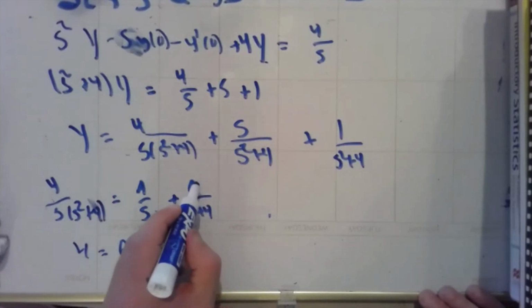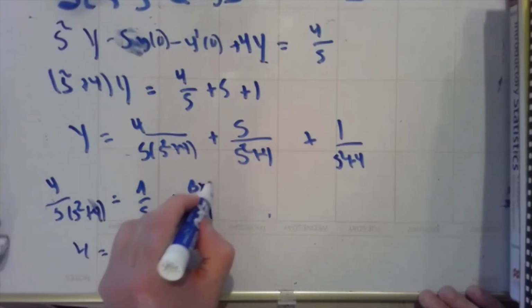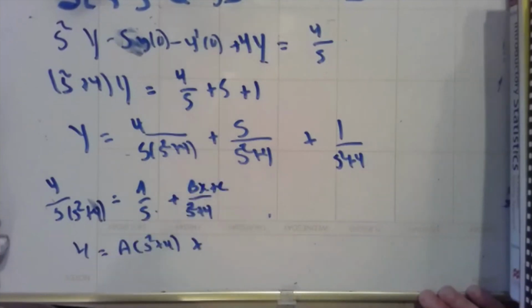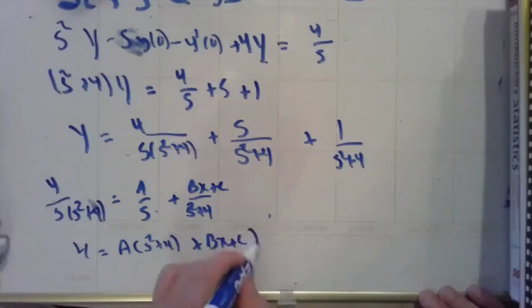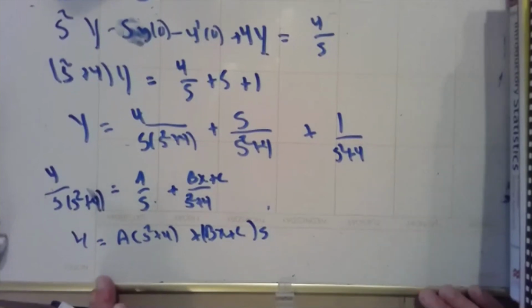This is an irreducible quadratic. This one has to be linear. So I need a Bs plus C times an s, and I'm trying to find A, B, and C.